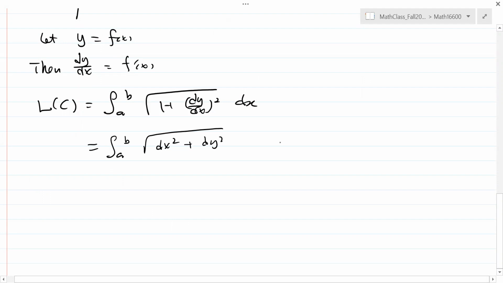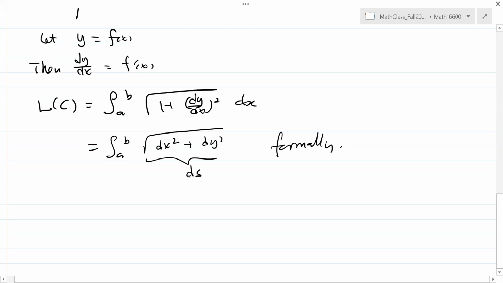Right? That's just formal. We don't know the exact meaning here, right? And this I'm going to call ds. This is a differential of the arc length.